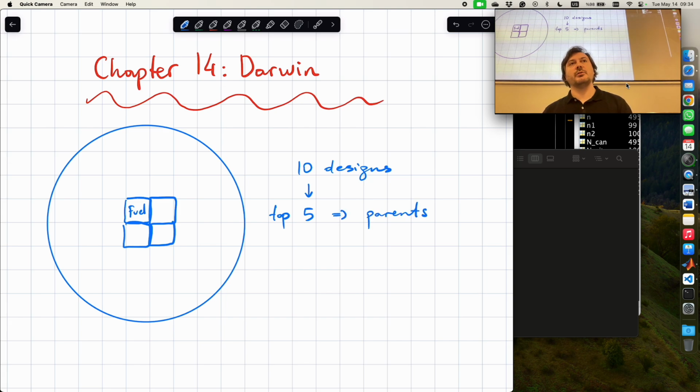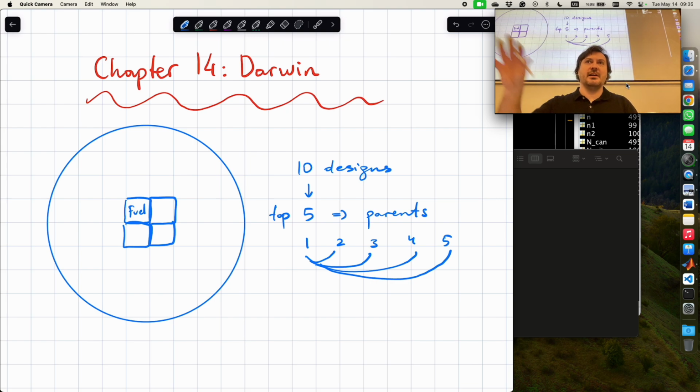And then you use Darwin's genetic algorithm. You start mating, like the first parent with the second one, first parent with the third one, first parent with the fourth. All these matings create children, right? And you are hoping that they are going to have good sides of both parents.